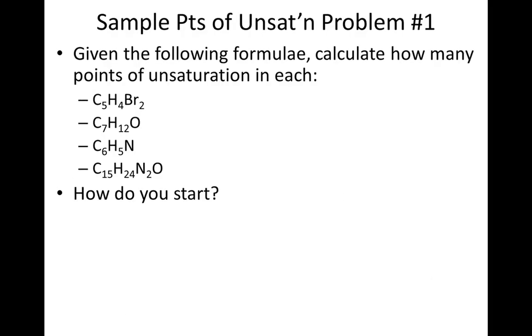So here are some example problems to look at. Here's a set of different formulas, and you could calculate how many points of unsaturation are in each. And so how do you start? Well, you've got to get it to the equivalent structure or decide if you can just use what you have there. So if we start with this formula up here, we see there are halogens. We know that we have to add back a hydrogen for each halogen.